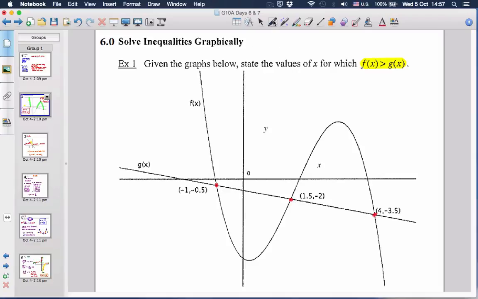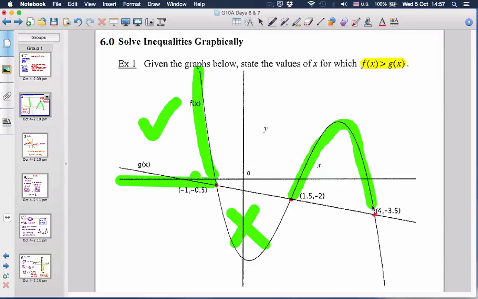So you can think about, all right, to the left of this point, is f of x above g of x? Yes. So anything from this side here all the way to negative 1, f of x is above g of x, right? So that's good. From negative 1 to 1.5, f of x is below g of x, so that's not going to work. From 1.5 to 4, f of x is again above g of x, so that's good.